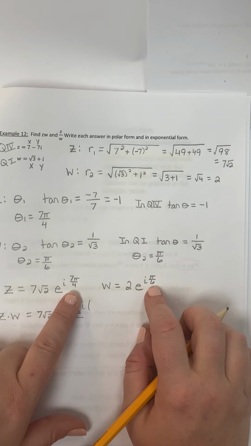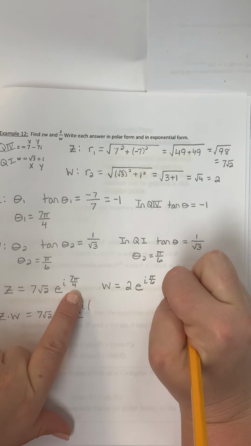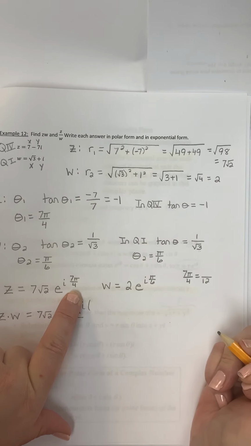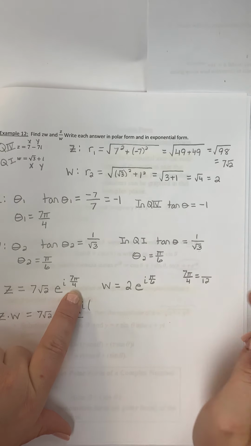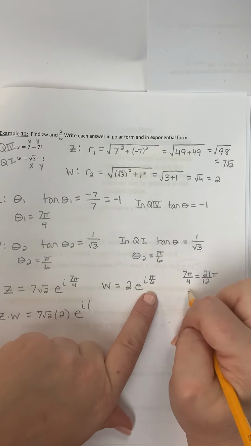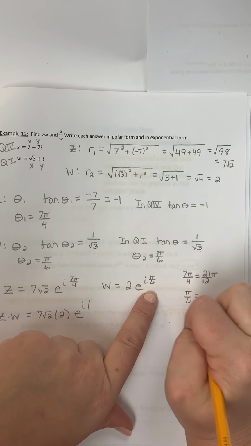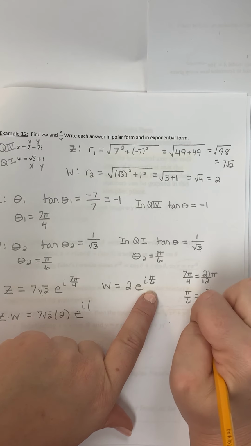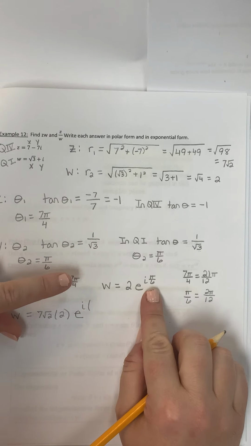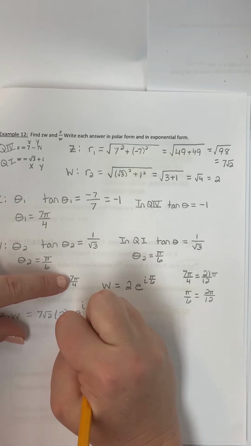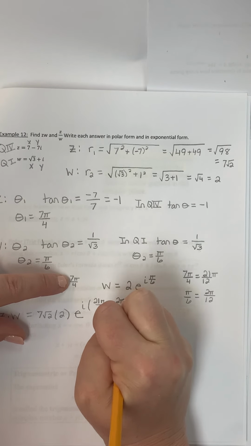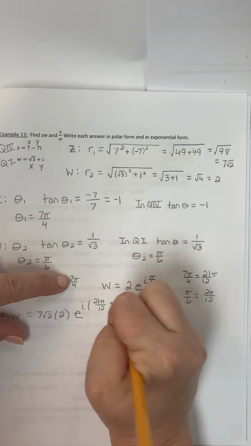The least common would be 12. So if I take 7 pi over 4 and I want to turn it into something over 12, I'm going to multiply top and bottom by 3. That's 21 pi over 12. If I take pi over 6, turn it into something over 12, that's going to be 2 pi over 12. Okay, so this theta plus this theta is going to be 21 pi over 12 plus 2 pi over 12.